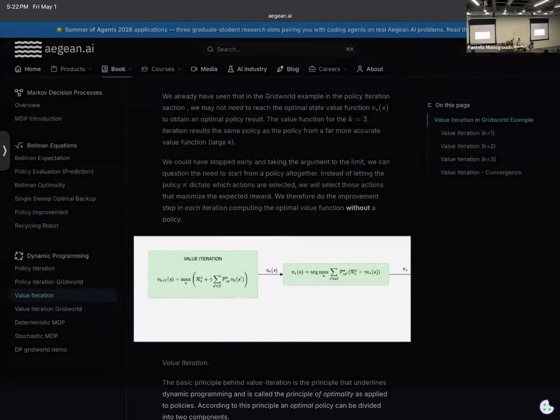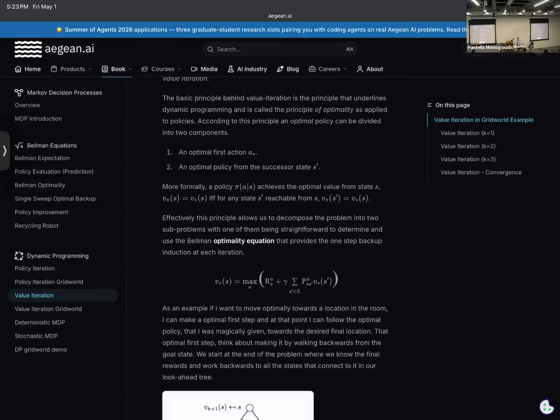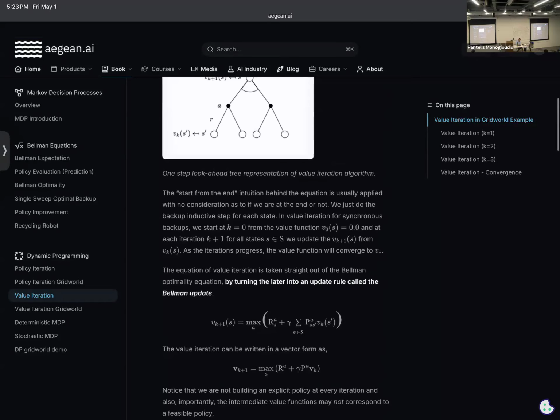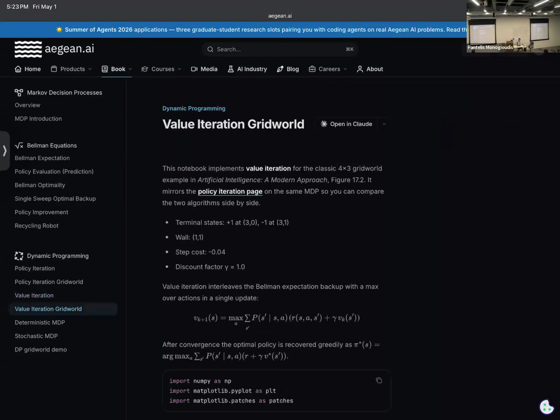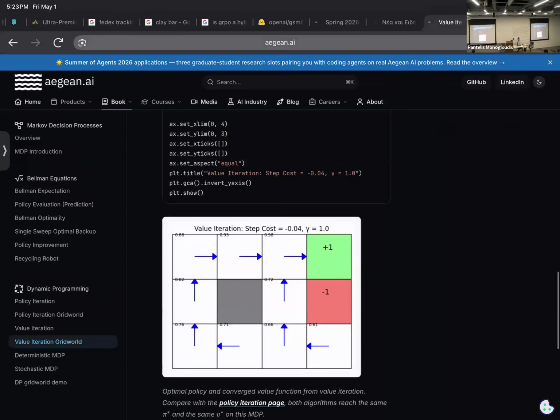So I will call it a shortcut. However, it simplifies a lot in the computations because you don't have to go into multiple for loops for the policy to be evaluated. The second notebook was there to give you the same solution for the value iteration.